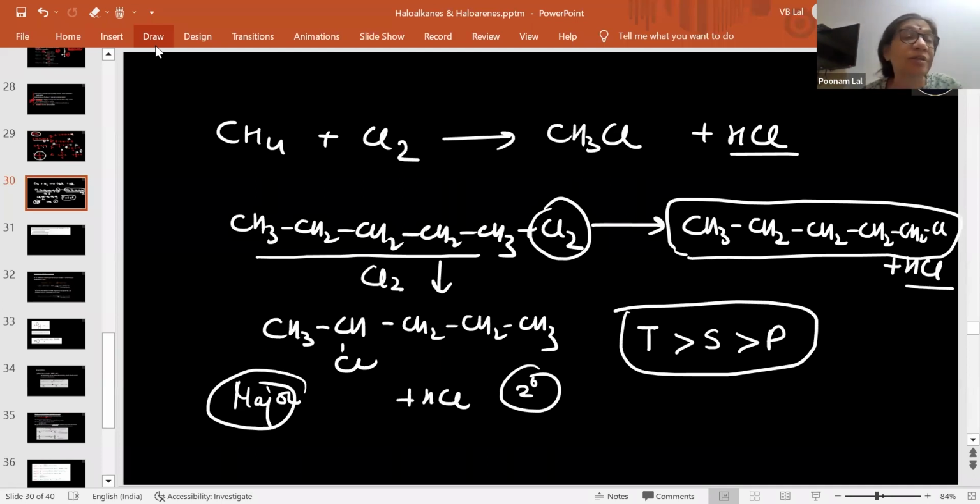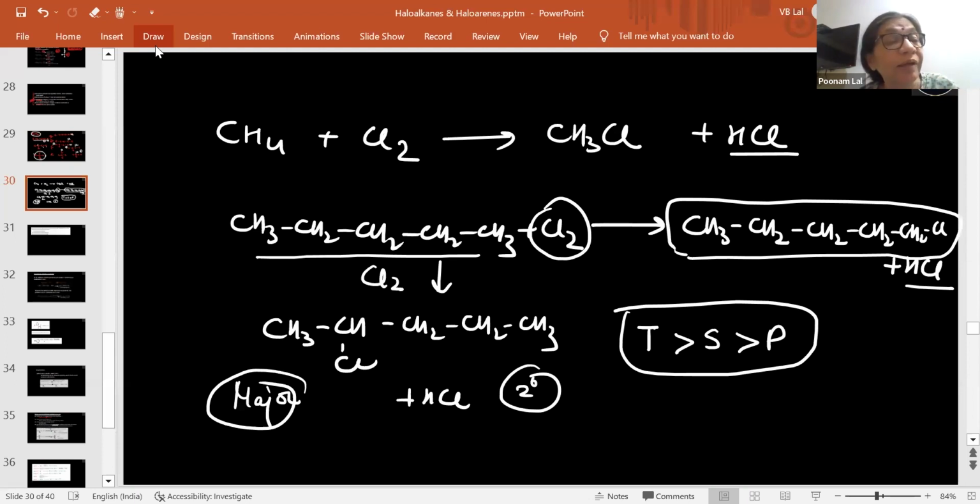The tertiary, then secondary, then primary. If I measure the yield of the first product only, you will realize you will get more of the secondary one, 2-chloropentane, and the percentage of 1-chloropentane will be less.